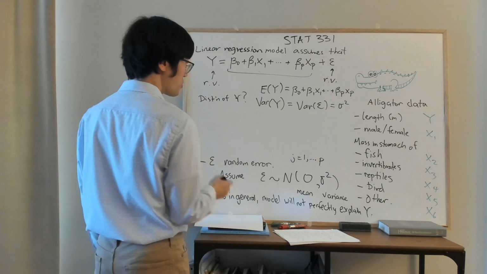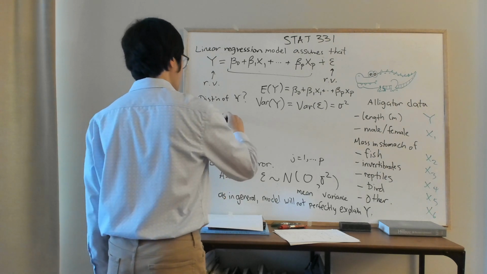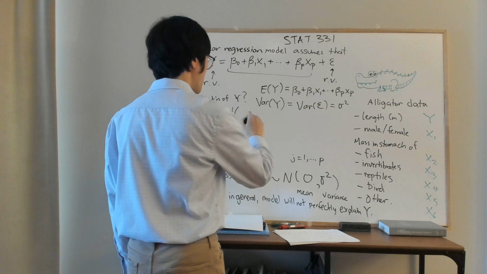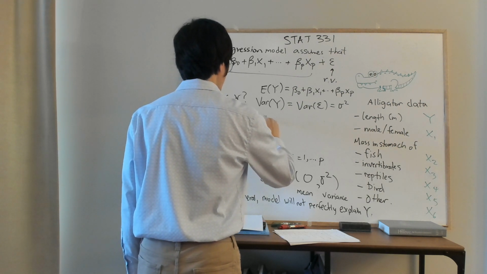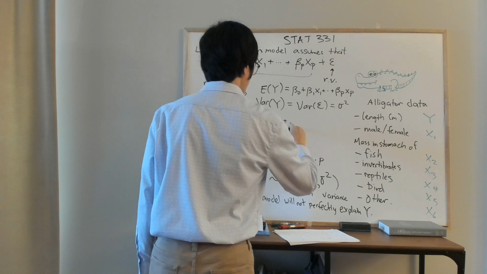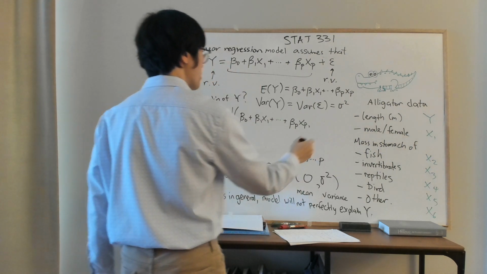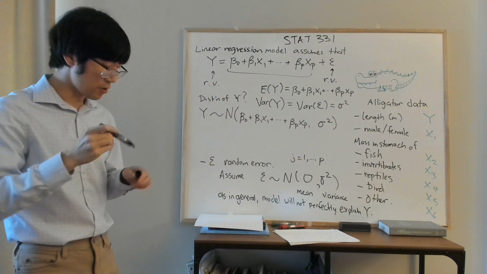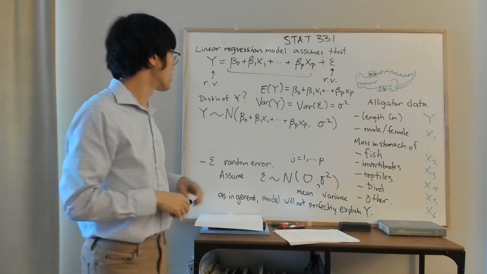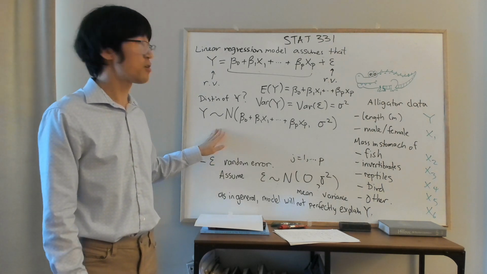We use the tilde notation: the distribution of y is normal, with mean equal to this linear part and variance sigma squared. So under our assumptions, this is the model that we'll be working with for much of this term.